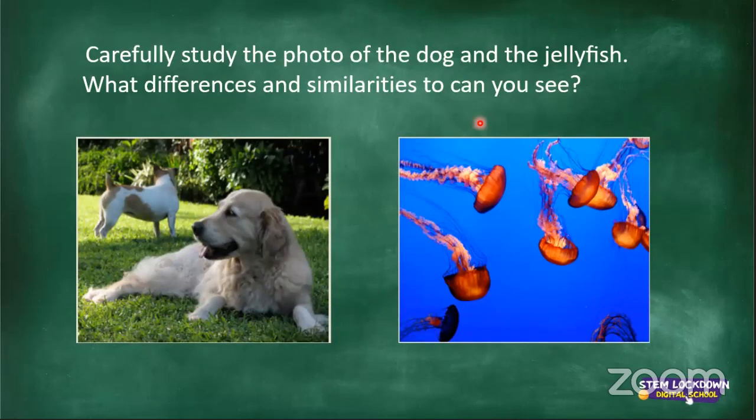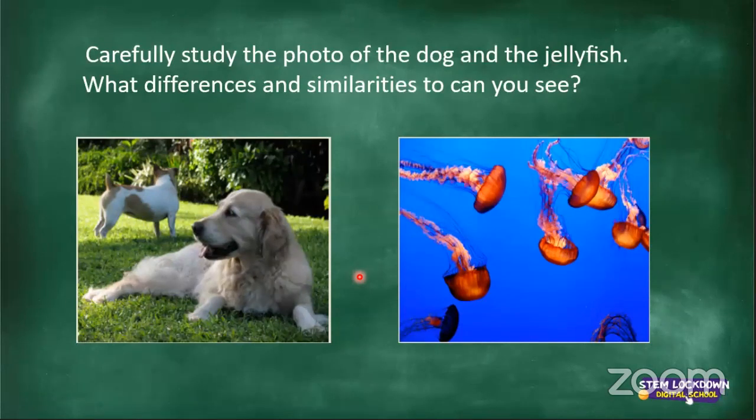The brain. Okay, good. But what else can you see? What do you see in the picture? You don't just have to write down things that are similar. You can write down things that are different as well. What do you notice about eyes and ears and the senses and the way that they move?